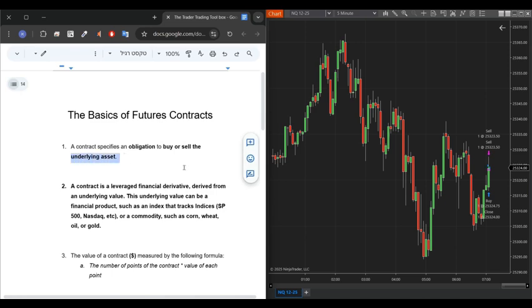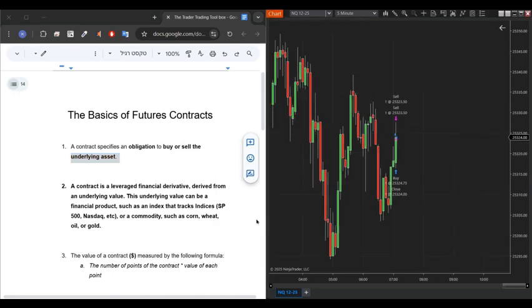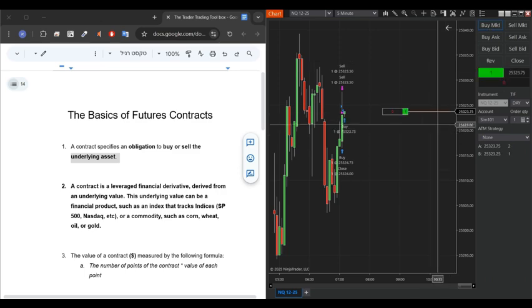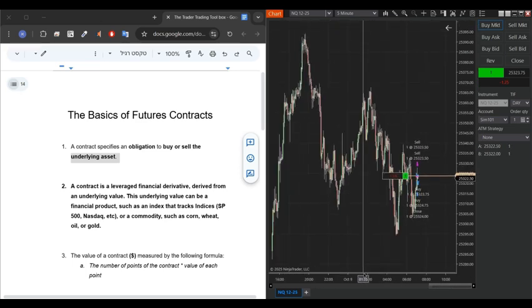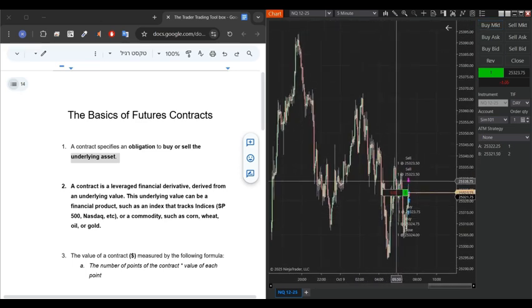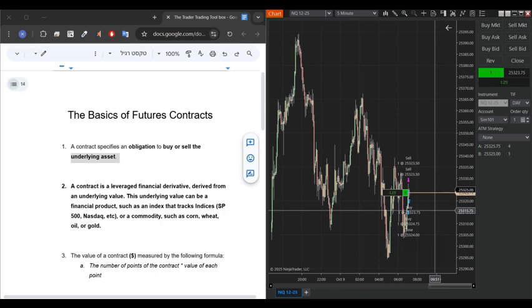Let's take an example where I just bought a futures contract. Right now, as you can see, I bought one futures contract. In other words, I bought a commitment, which is essentially an obligation to purchase the underlying asset at a specific point in time.